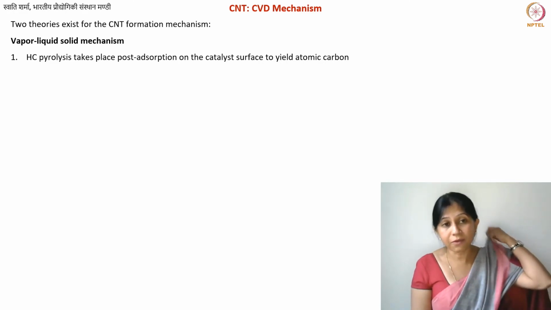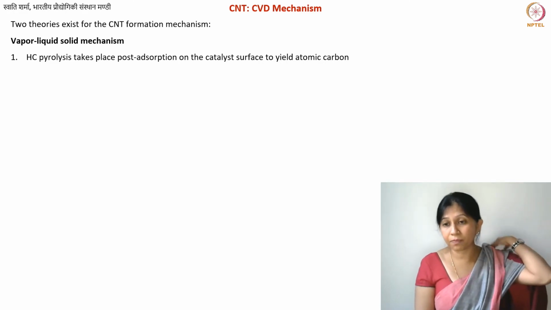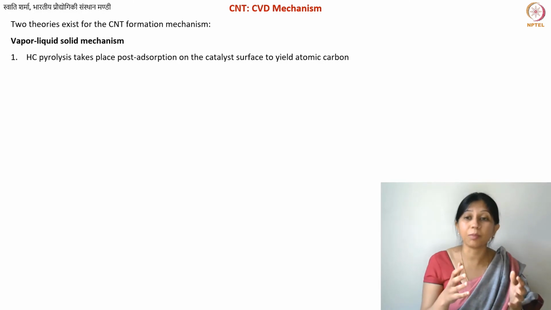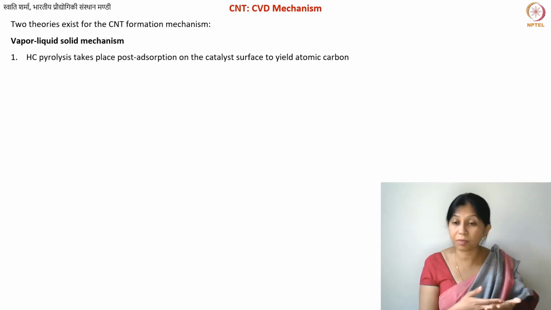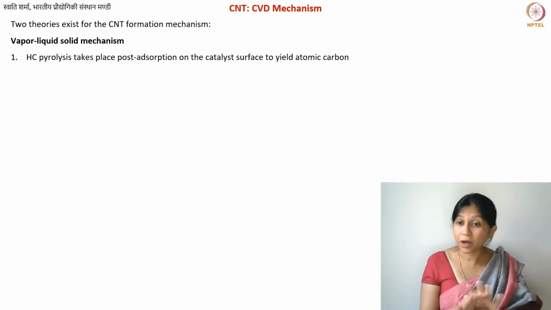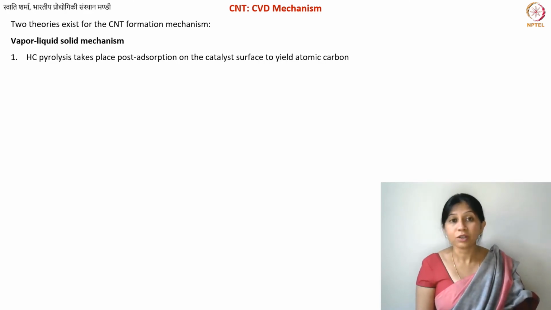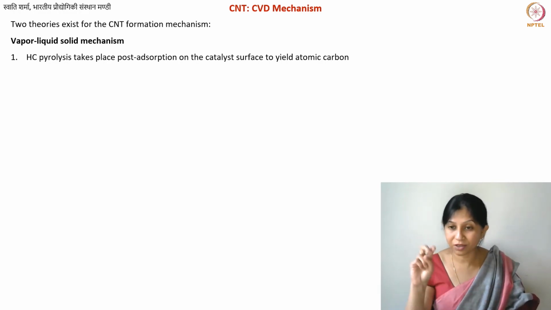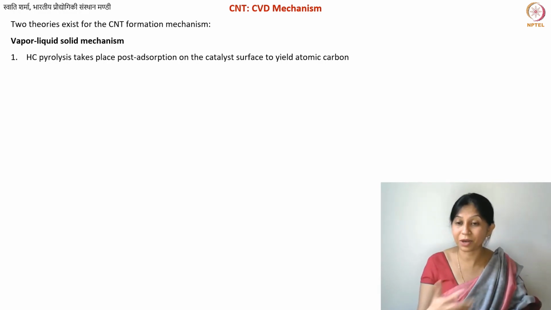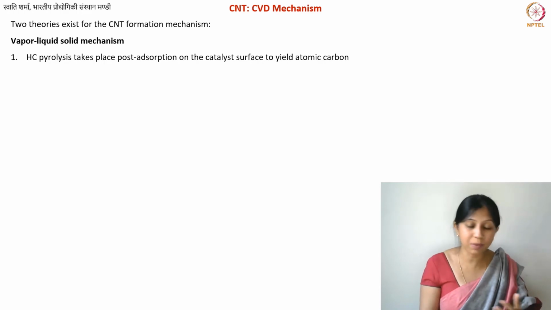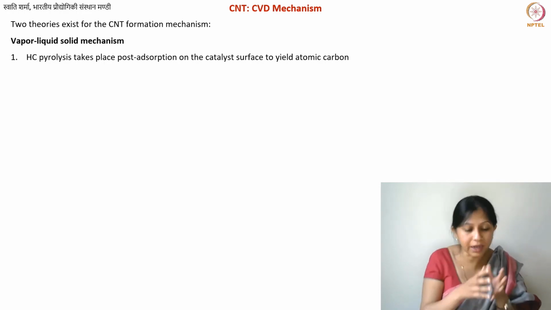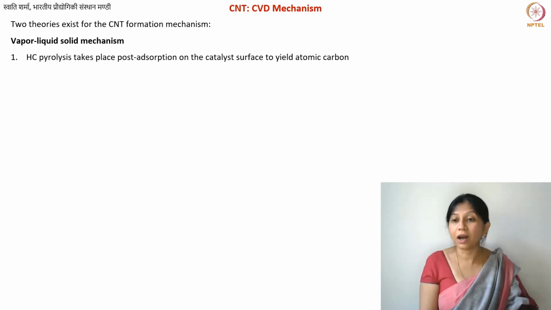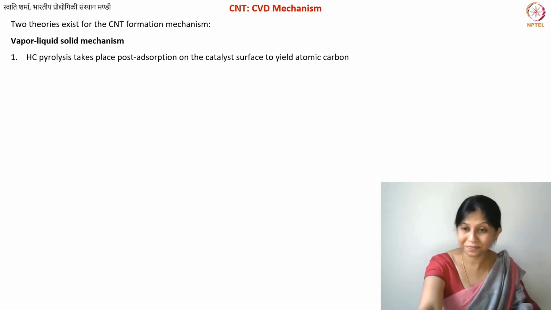Okay, so in the first one, this is what is proposed, that you have this hydrocarbon pyrolysis taking place not in the gas phase but on top of the catalyst surface. So you basically have the reaction taking place post adsorption. Okay, so that is when the pyrolysis takes place, and that happens on the surface of the catalyst itself, and then after decomposition you have the atomic carbon species.